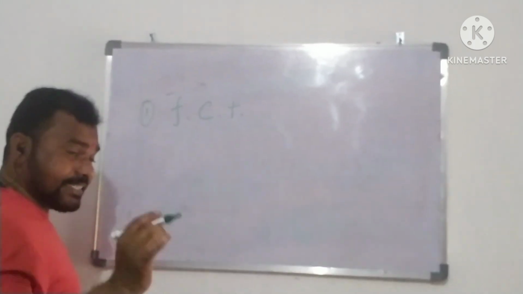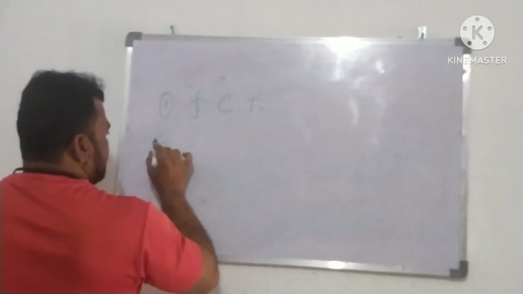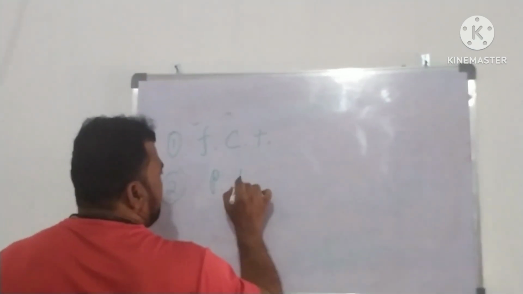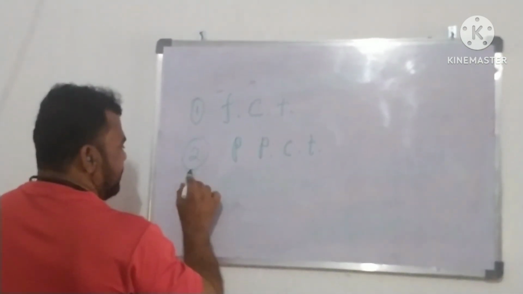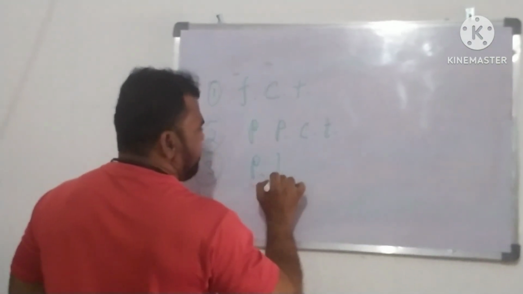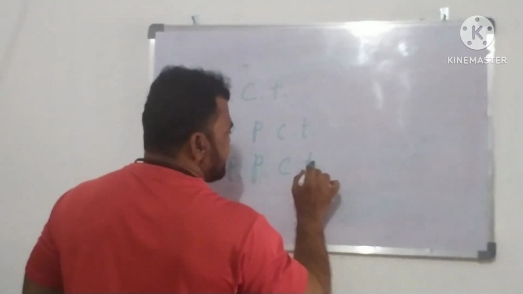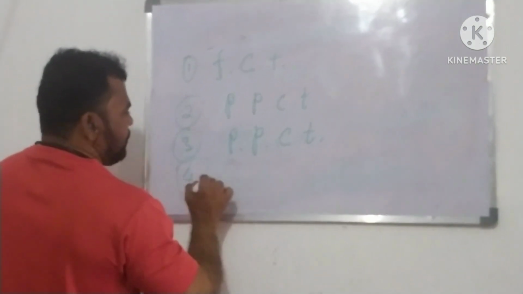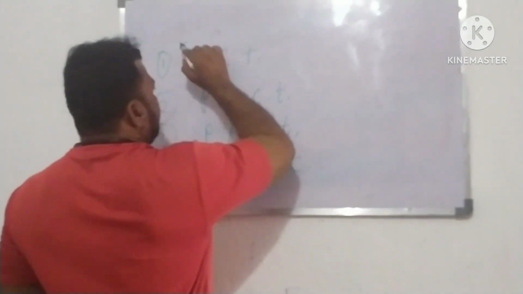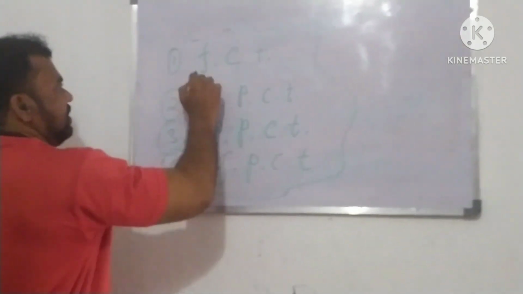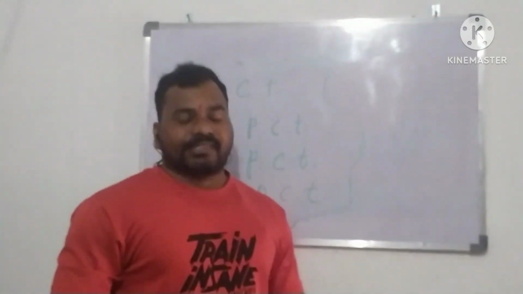The second one, present perfect continuous tense. Third one, past perfect continuous tense. And future perfect continuous tense. These 4 tenses are never changed into passive voice.